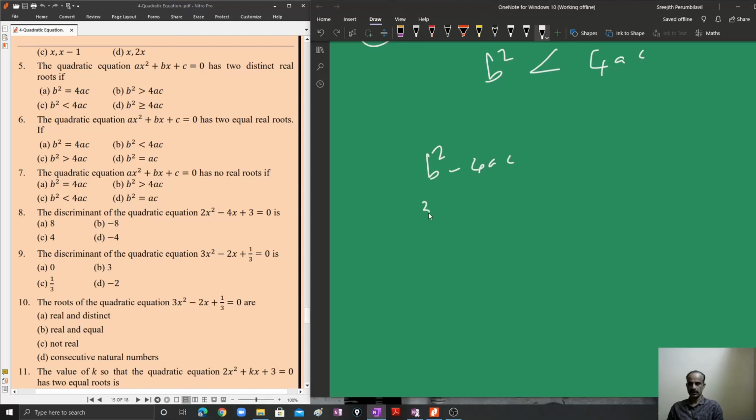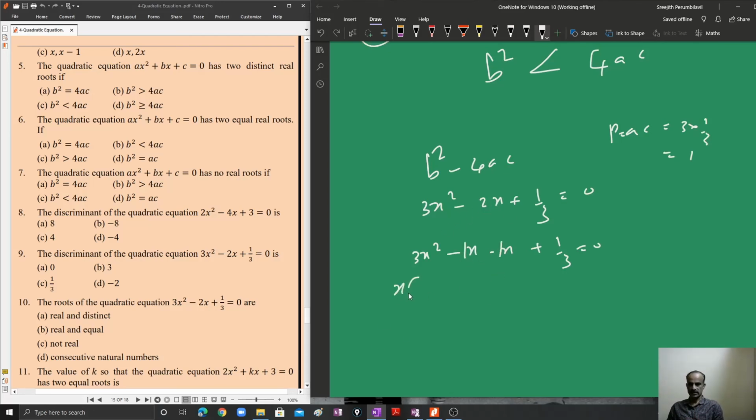You can do that. 3x square minus 2x plus 1 by 3 equal to 0. Product is 3 and product is 1 and sum is minus 2. So 3x square minus x plus 1 by 3 is equal to 0. Product AC is equal to 3 into 1 by 3, that is 1. Sum is 2. So 1x and 1x.